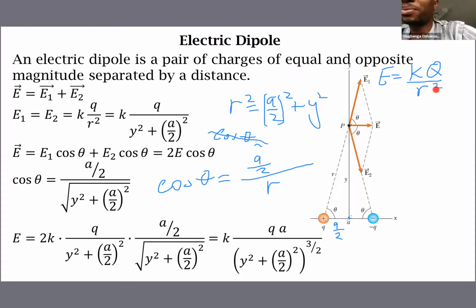And why are we using cos theta and not sin theta? From Pythagoras theorem and basic trigonometry, cos theta is defined as adjacent over hypotenuse.